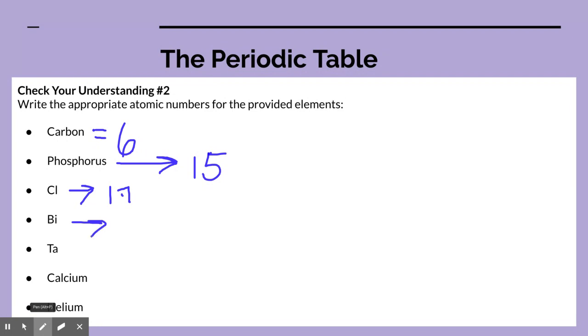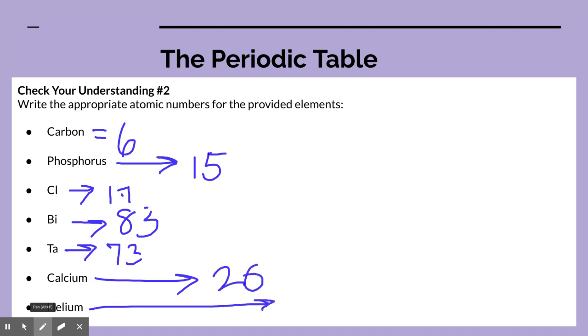Bismuth has an atomic number of 83. I still couldn't find that Ta. There it is. Tantalum has an atomic number of 73. Calcium has an atomic number of 20. And helium has an atomic number of 2.